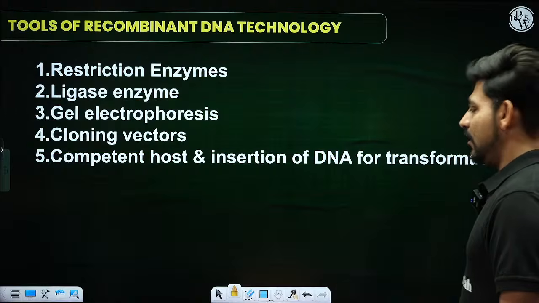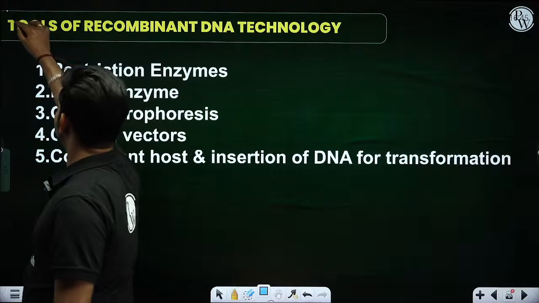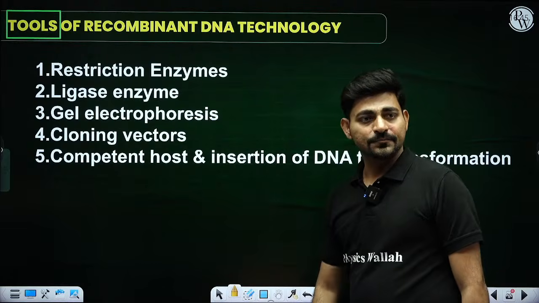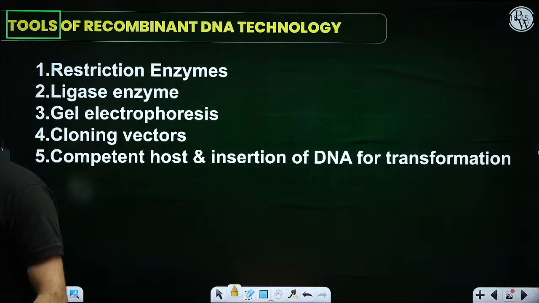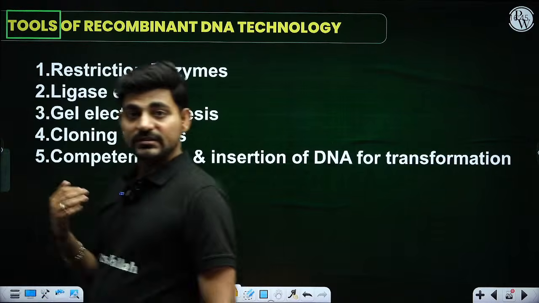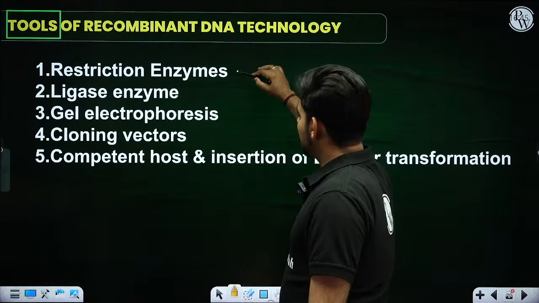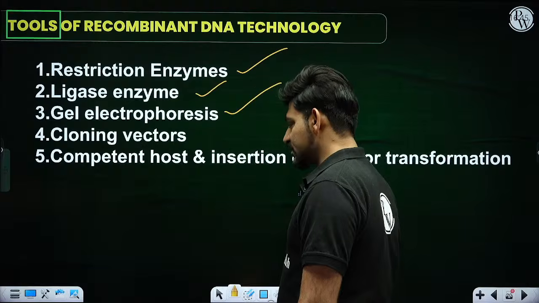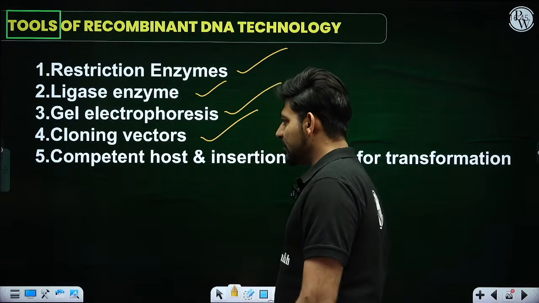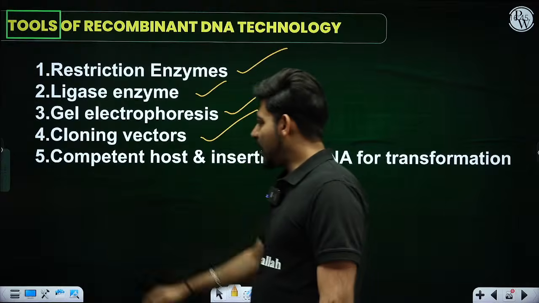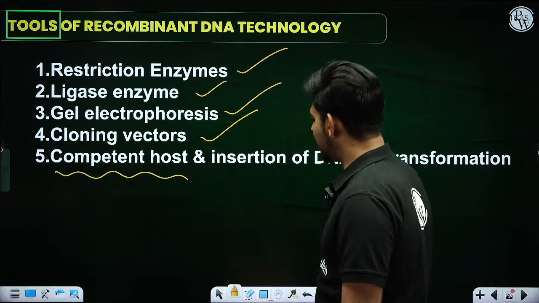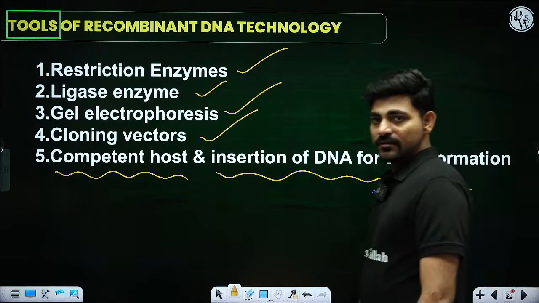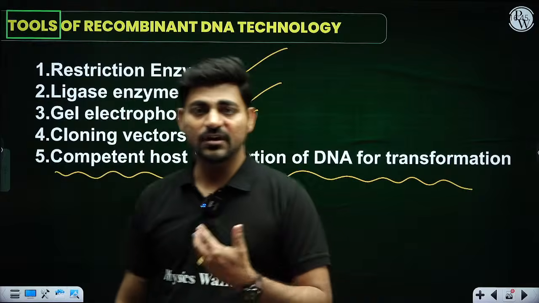Okay. Now we'll be talking about the tools of recombinant DNA technology as given in NCERT. The tools we will be studying are restriction enzymes, ligase enzymes, gel electrophoresis technique, cloning vectors, how to make the host cell competent, and the process of insertion of DNA if you want to transform the host cell.